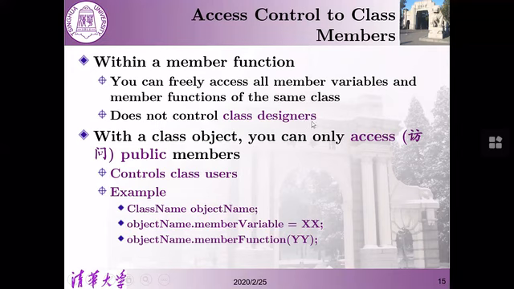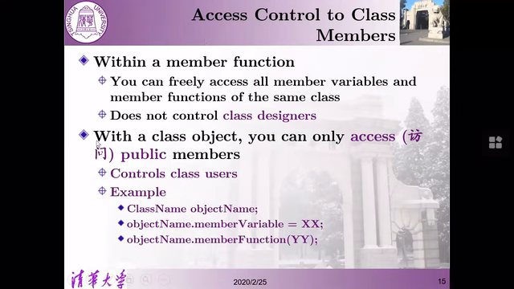If you are the class designer writing the class, certainly you should be able to access all the members. So from the designer side, you are free to access all the members in the class. Access control has no effect.